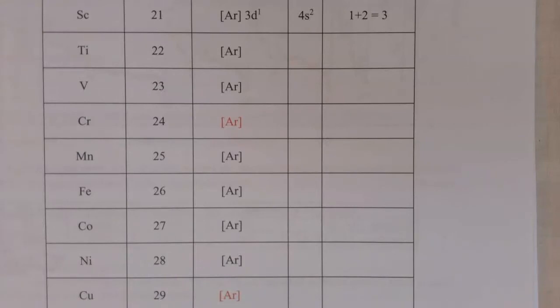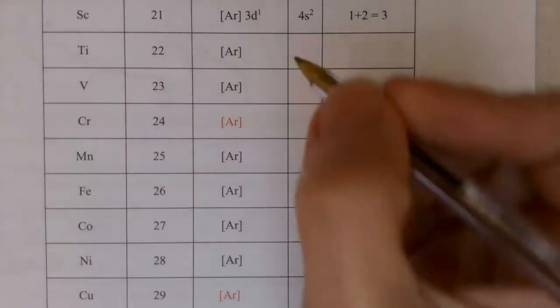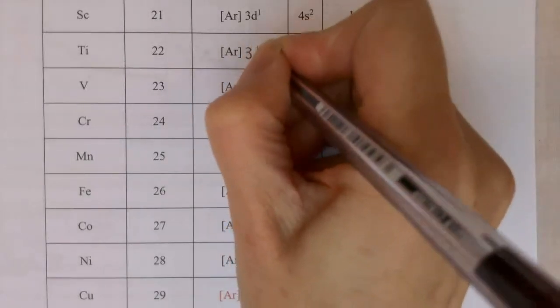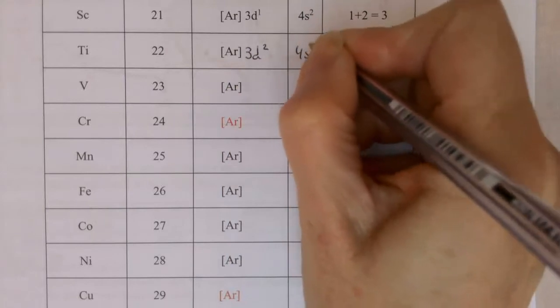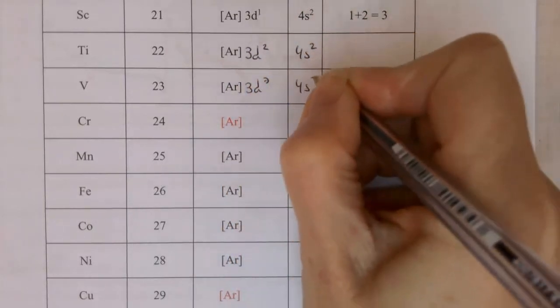So with those two in mind, we can figure out the electron configuration for all the other transition metals or D block elements. So starting with scandium, we have 3d1, 4s2, titanium, 3d2, 4s2, then 3d3, 4s2.